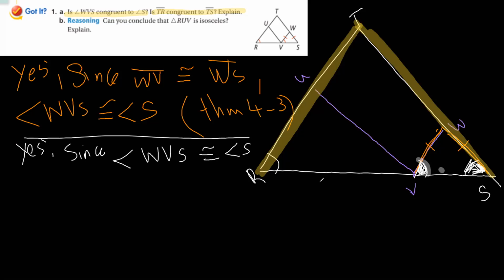And also, angle R is congruent with angle WVS. Look at this one here, the orange one: R is congruent to V. It's given.